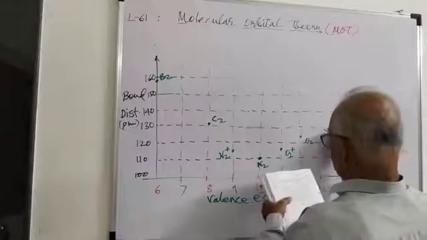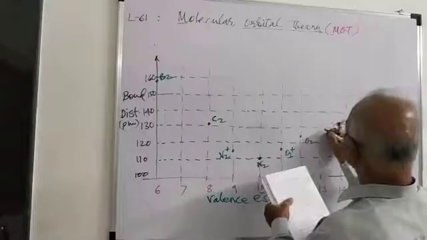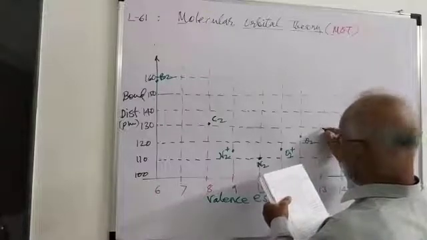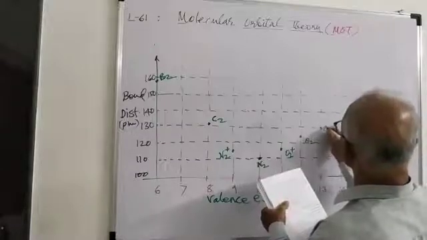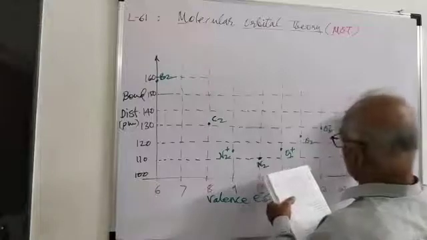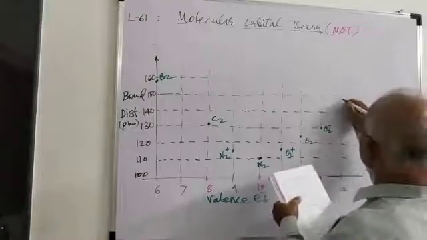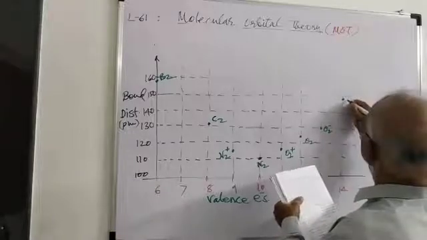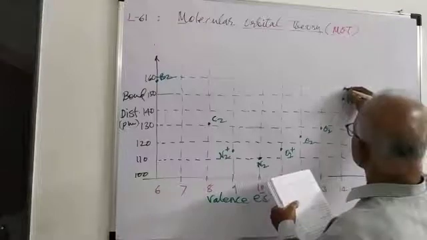Then here it is 13 electrons, 130, for O2 minus, and about 148 here for F2.